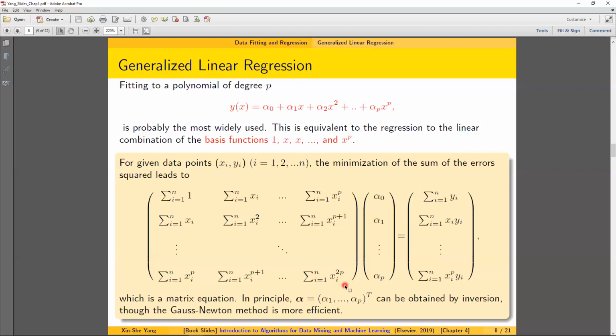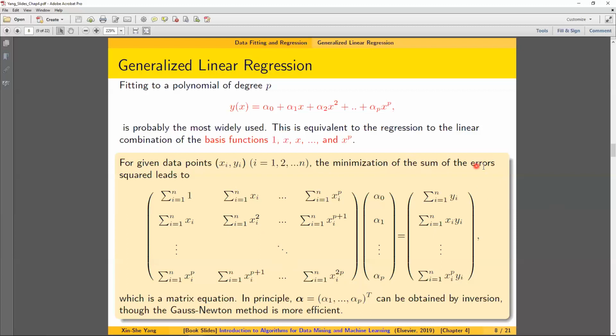The last one would be the sum of xi to the power of 2p. Basically, the last one is xi to the power of p, squared. So that is this matrix.